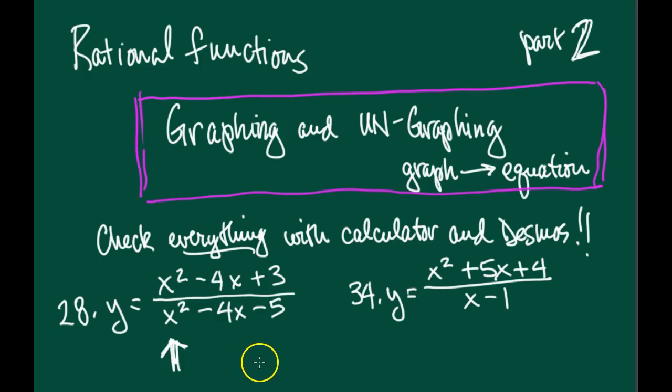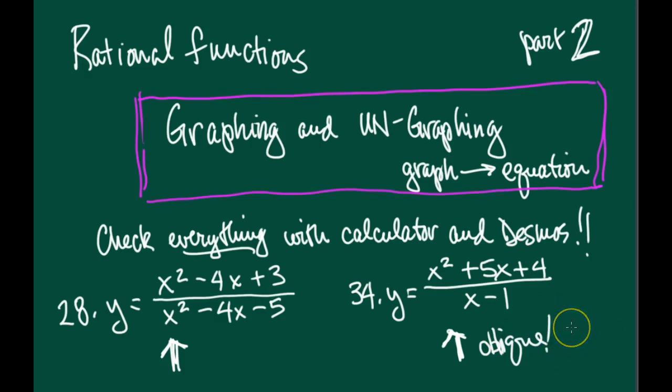That means we're going to have a horizontal asymptote, but not at 0. And here we have degree 1 greater in the numerator than in the denominator. That means we're going to get an oblique asymptote. So that's something to look forward to.